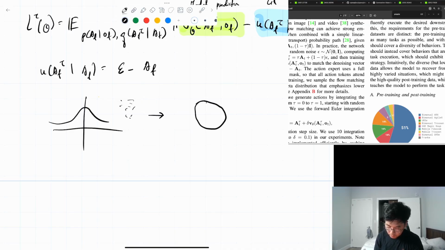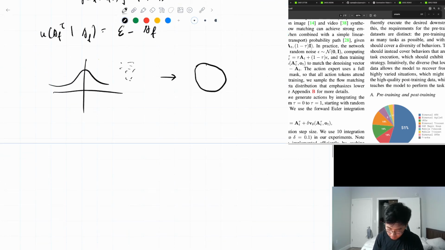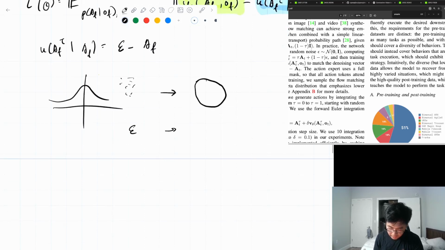We need to train our model to figure out how to start from noise and get to some desired behavior. We can call this noise epsilon, and in our case, the desired behavior is AT, this ground truth action. We need to start from pure noise and get our model to learn what AT is.